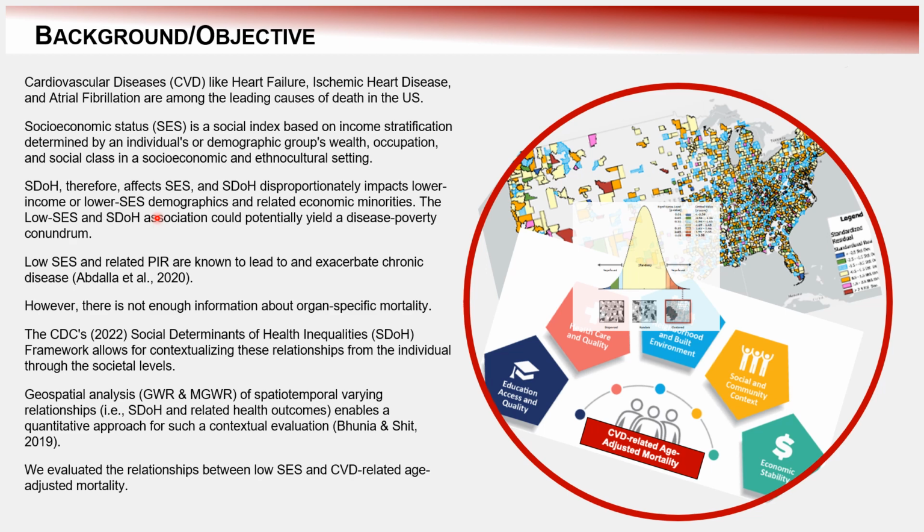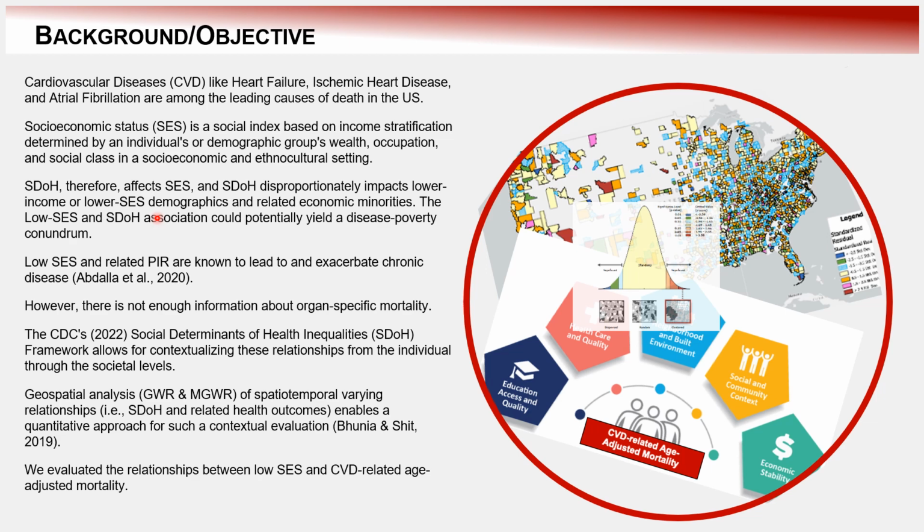Moreover, we have the social determinants of health that affect both socioeconomic status and the social determinants themselves, disproportionately impacting lower income demographics and already lower socioeconomic status groups and related economic minorities.